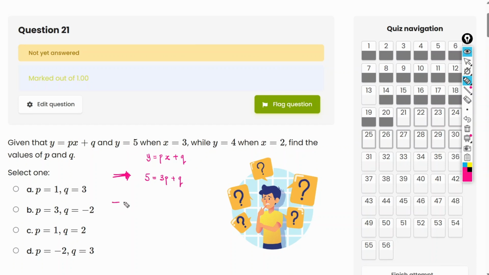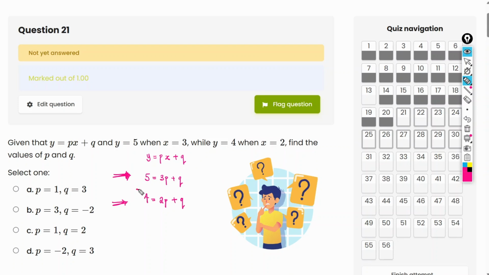And then for the second equation, we have y is 4 when x is 2. So plugging in here, 4 is equal to 2p plus q. So we have a pair of simultaneous equations that we can solve by just subtracting one from the other.